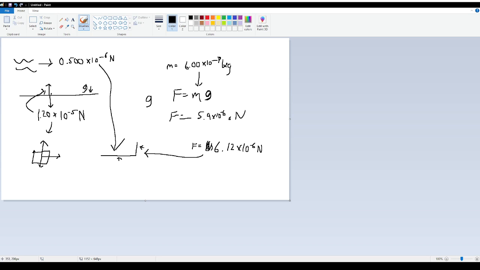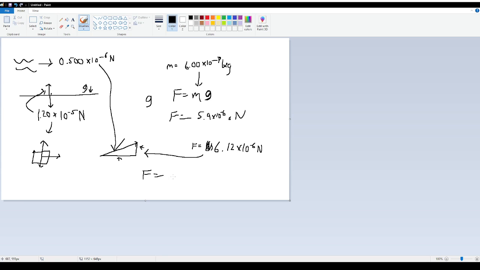Now, to calculate the combined force that they're asking for, we take both of these forces, square them, add them, and take the square root. I'm going to square this answer and add it to 0.5 times 10 to the negative 6 squared, and then square root it.